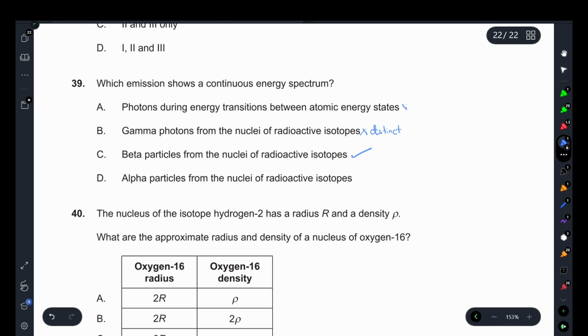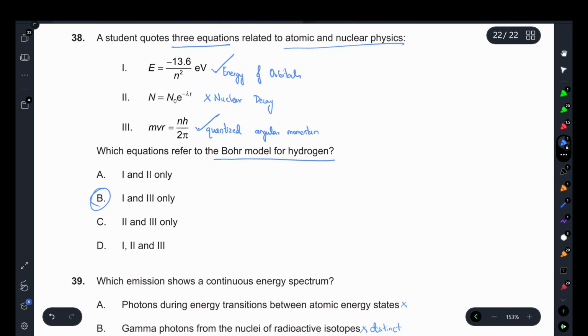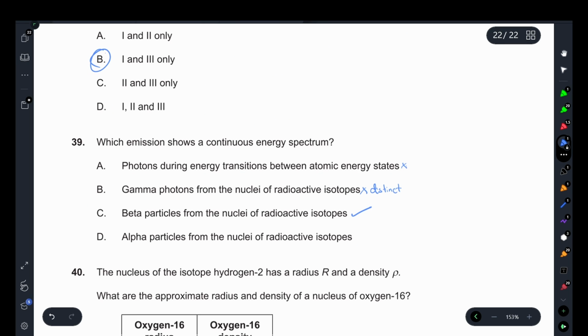Photons during energy transitions, again, we have this formula, which means that they cannot be continuous because n is equal to 1, 2, 3. So this is also incorrect. Finally, we look at alpha particles. Alpha particles are also incorrect because they share energies, and mass conservation is important here. So option C is the correct answer for question number 39.